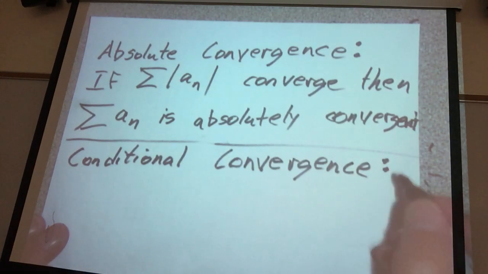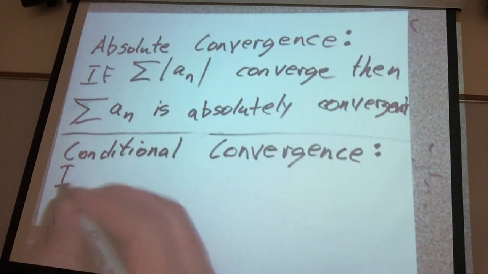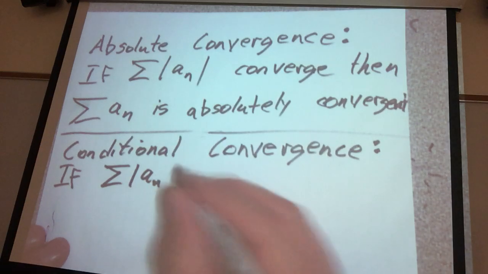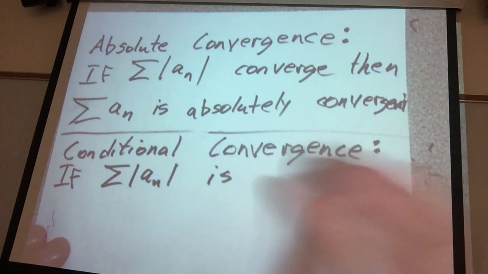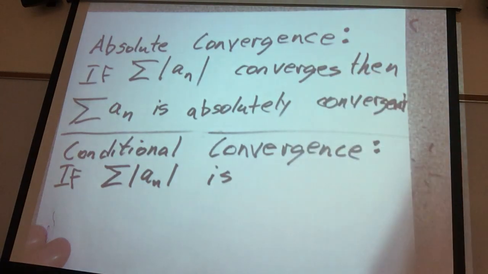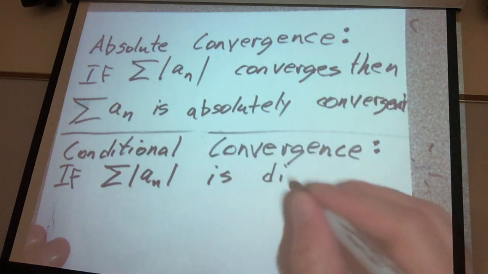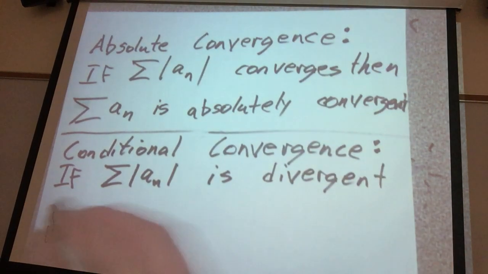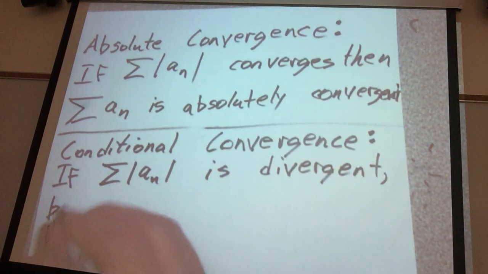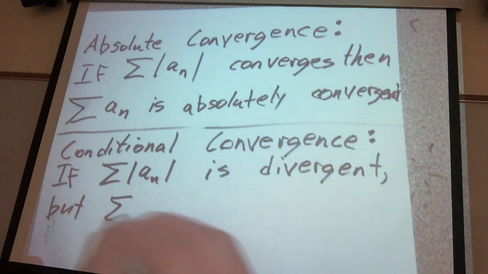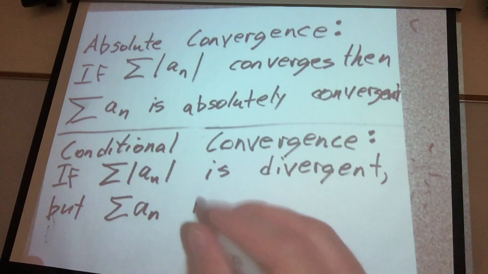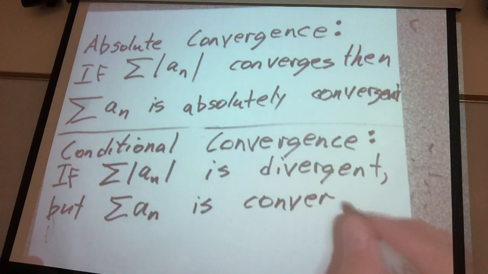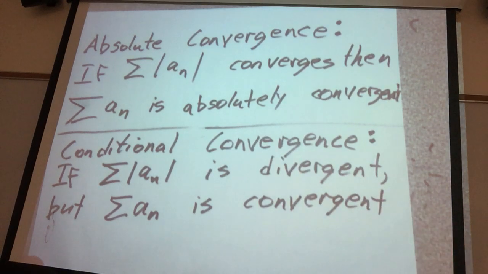All right, so now for conditional convergence, this says if the sum of the absolute values is divergent, but the sum of the series itself is convergent, right?